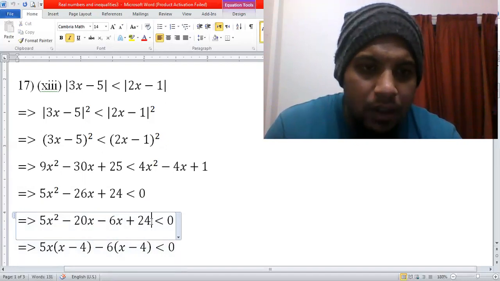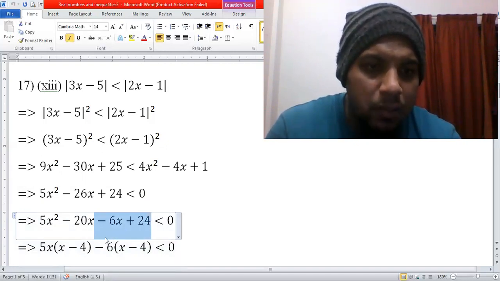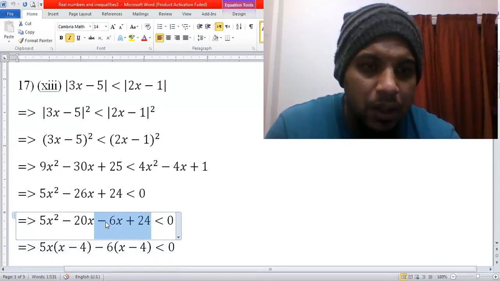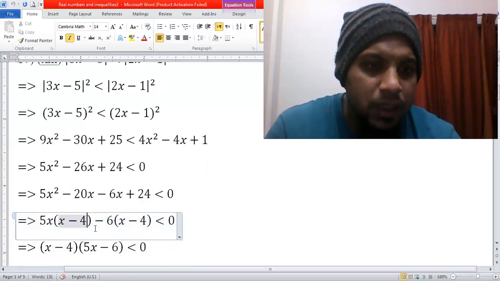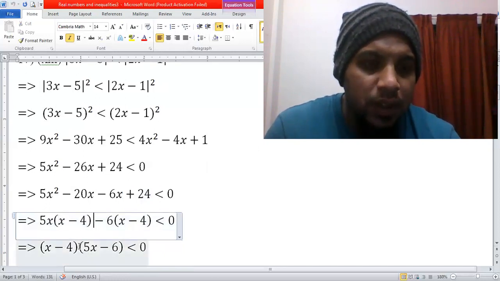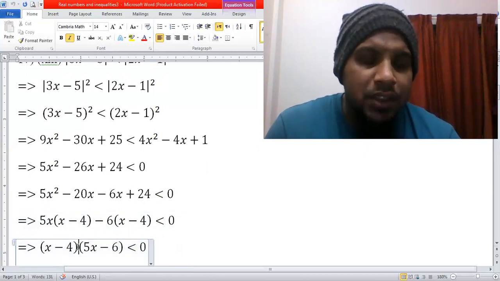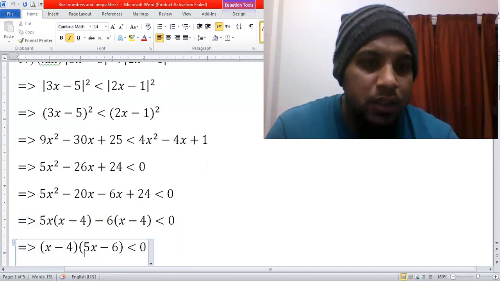Similarly, here we take minus 6 as common, so it becomes x, because it is minus, minus 6 times x minus 4. We can take x minus 4 as common, and it becomes 5x minus 6. So x minus 4 times 5x minus 6 is less than 0.